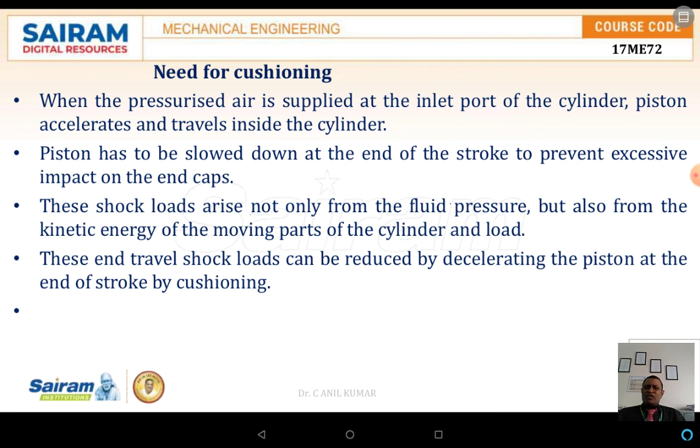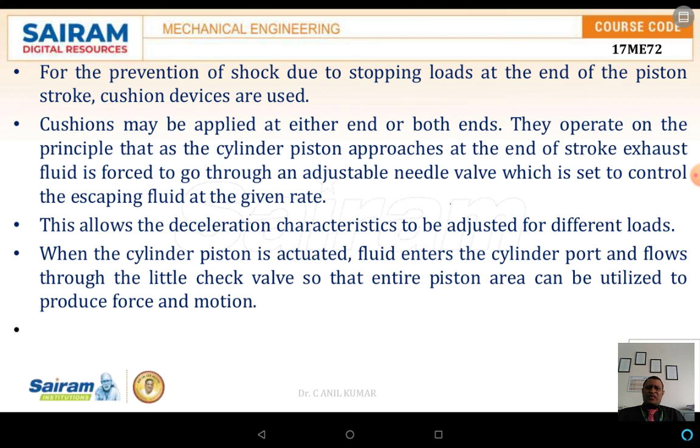These end travel shock loads can be reduced by using cushioning at the end of the cylinder head. To prevent shock due to the stoppage of the load at the end of the piston stroke, cushion devices are used. These allow the deceleration characteristics to be adjusted for different loads.